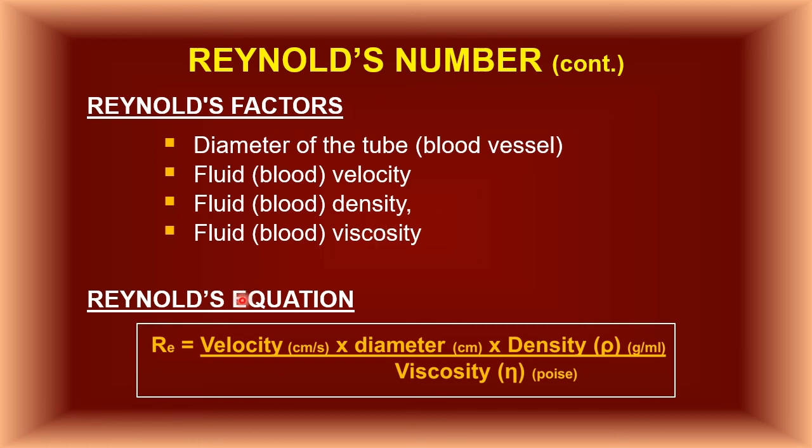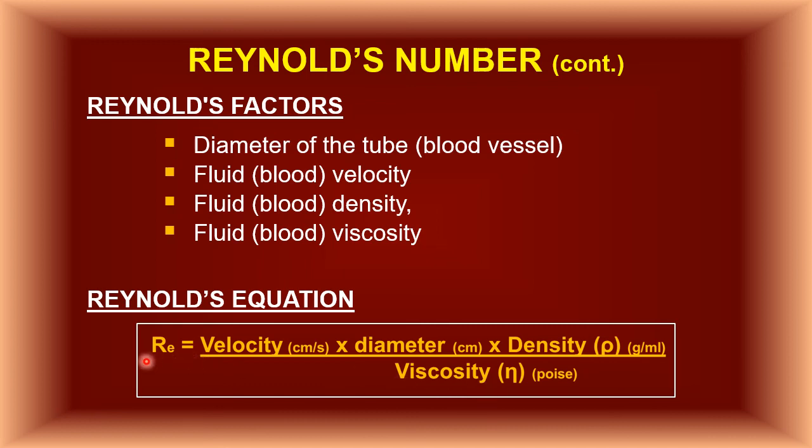Okay, this is the Reynolds equation. Reynolds number equals the velocity of the blood, times the diameter of the blood vessel, times the density of the blood, all divided by the viscosity, which is the thickness of the blood.